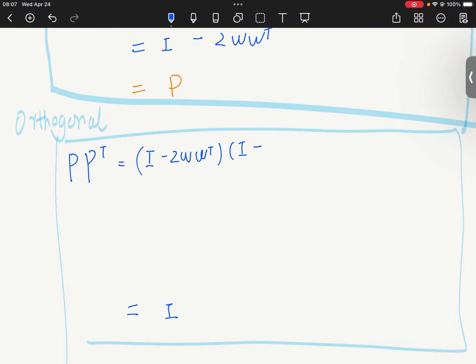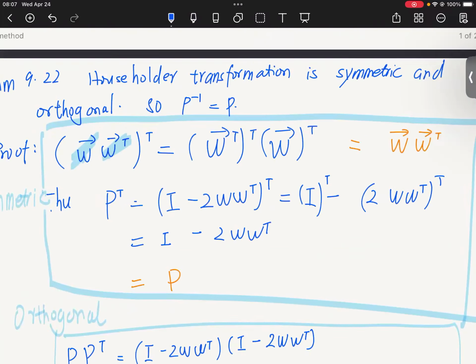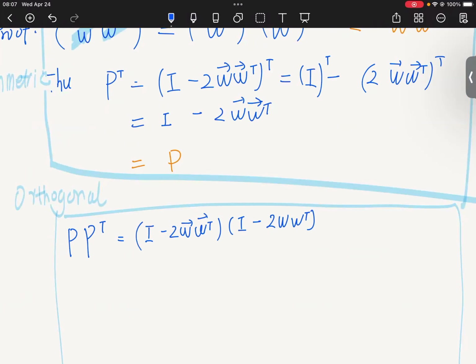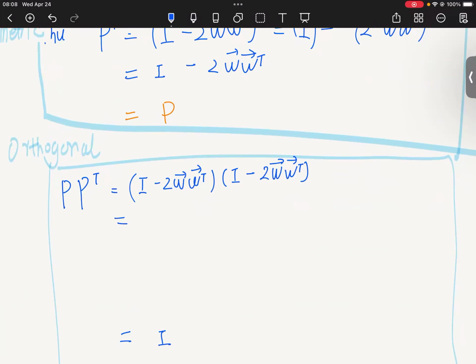And we can have I minus 2W W transpose, written in vector form. I'm going to expand these expressions.